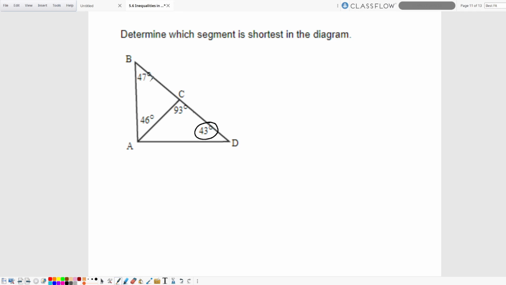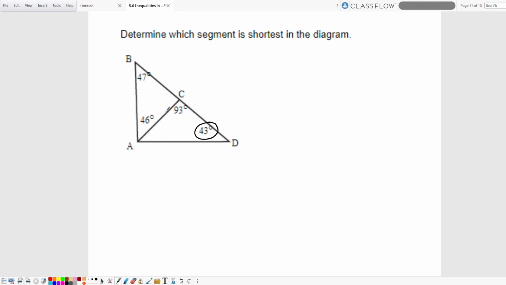What we also need to compare is that we have two triangles that have been put together, and this angle is 46, this angle is 47, so this 47 degrees is larger than 46 degrees. So AC isn't the shortest side in triangle ABC.